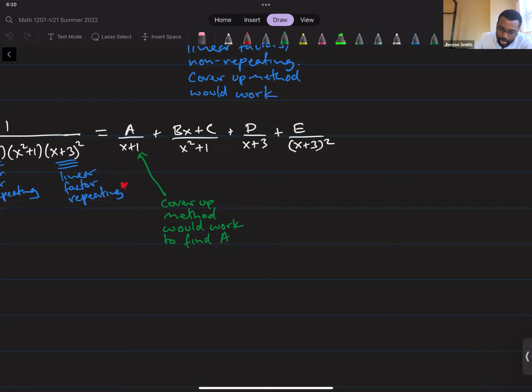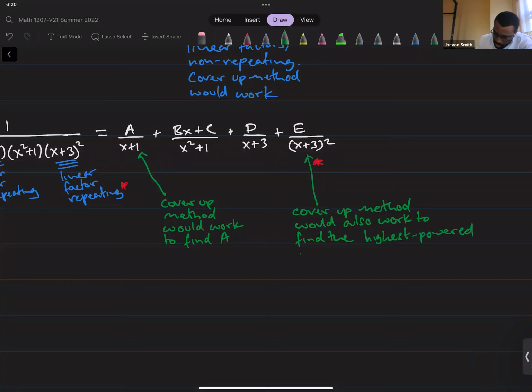And it turns out that the cover-up method would work to find the numerator of the highest power of a repeating linear factor. It turns out the cover-up method cannot be used here.